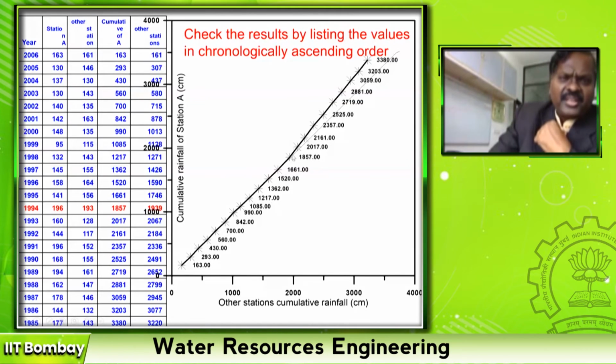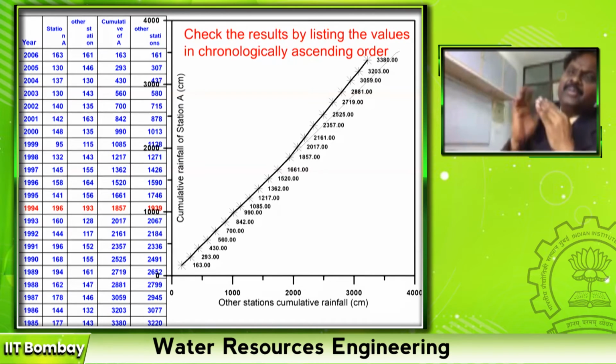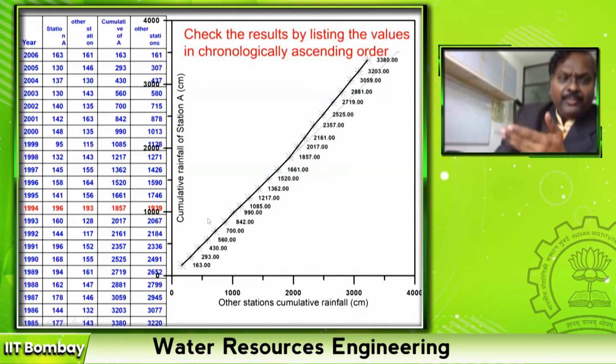So at this station, at year 1994, there was a change in regime. That is called identification of regime. But please remember, the method in which I am measuring the rainfall is correct even before 94 and after 94. The only thing is the instrument used is different. In future also, after 2006, I am going to continue on this line.